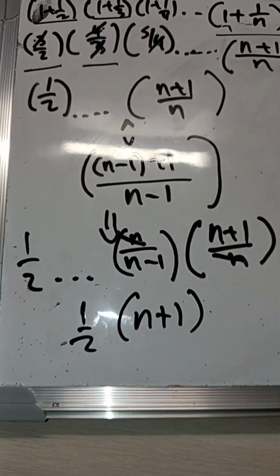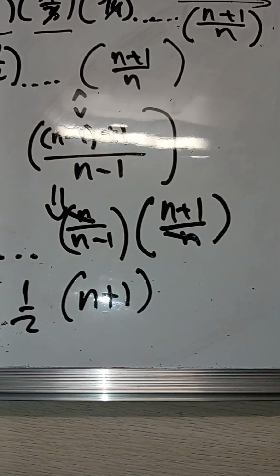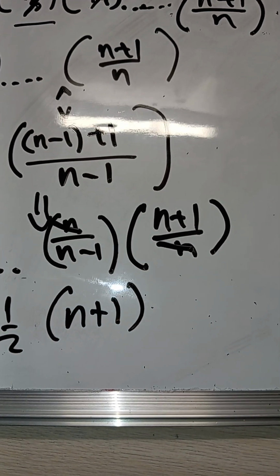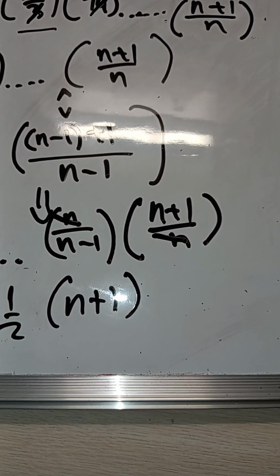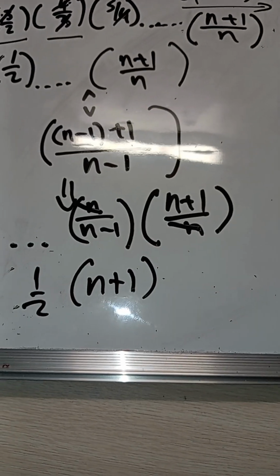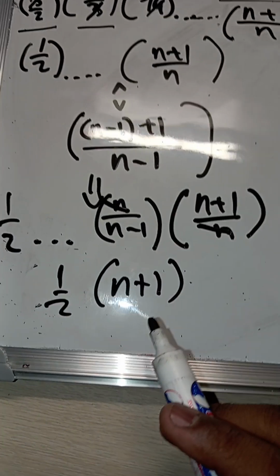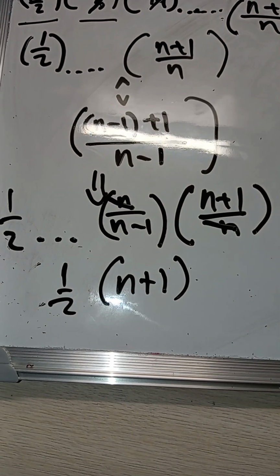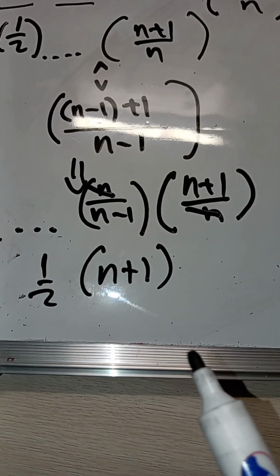Check something, guys. We know that the value of n must be an integer greater than or equal to 2. So if we do our calculations, this is what you're going to find.